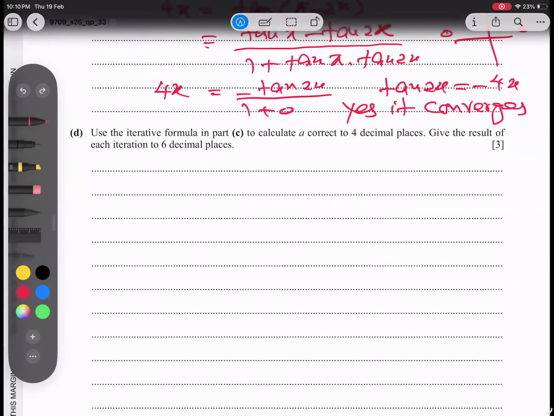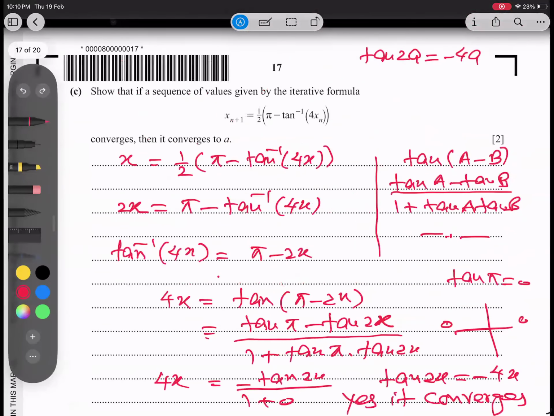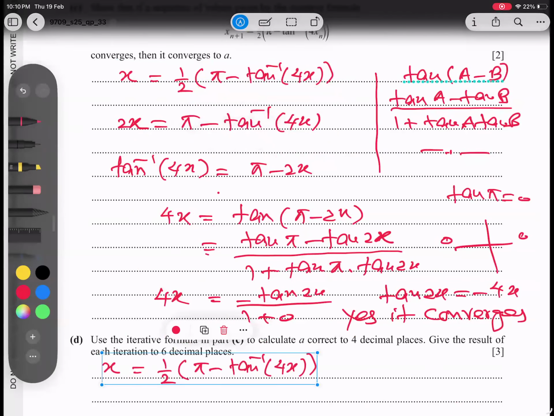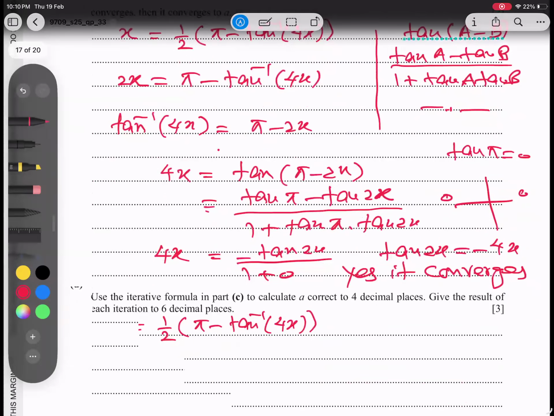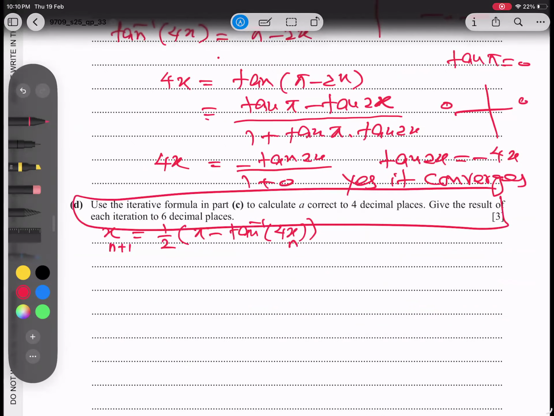So let's try to do it. How can we do it, students? First of all, this iterative formula, I'm going to use it here. So let me copy and paste it completely. Okay, so I am writing n plus 1 here and n here. Interesting part, students: has he given the initial value?